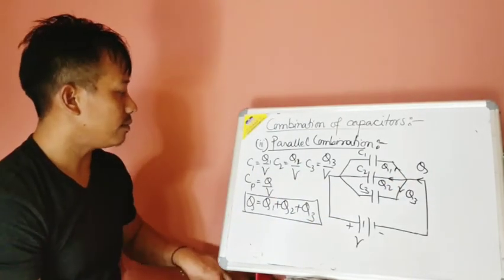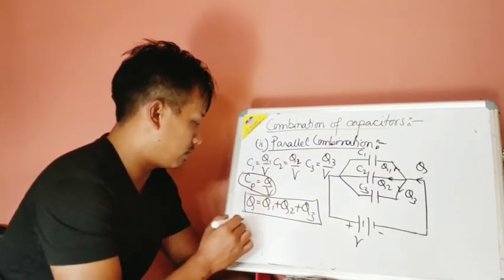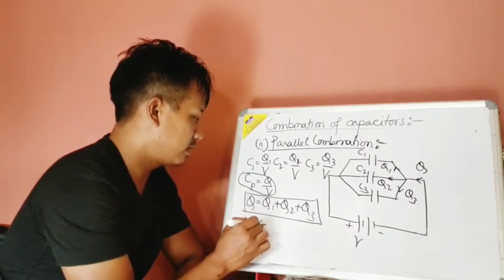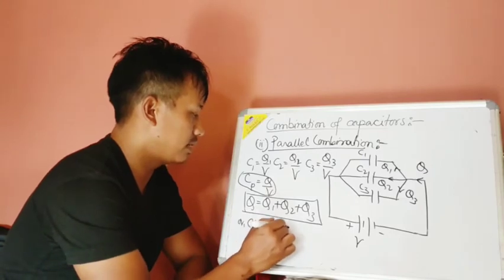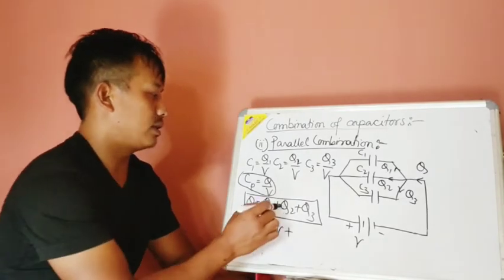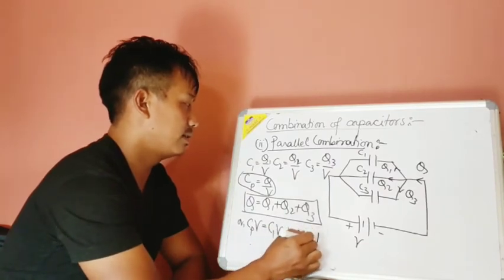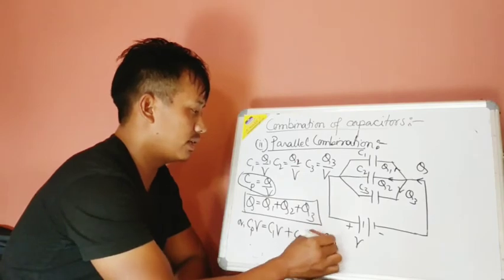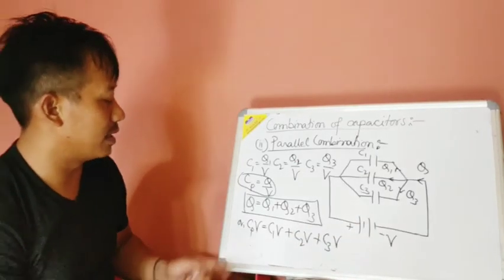Q is Cp into V, Q1 is C1 into V, Q2 is C2 into V, Q3 is C3 into V. V is common.